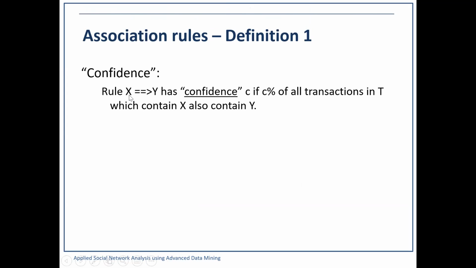X implies Y, is it a good rule or not? What does it mean a rule is good, gives some information? There are different measures to tell us something about the quality of a rule. One measure is confidence. So the question is, how confident can we be with this rule? X implies Y.